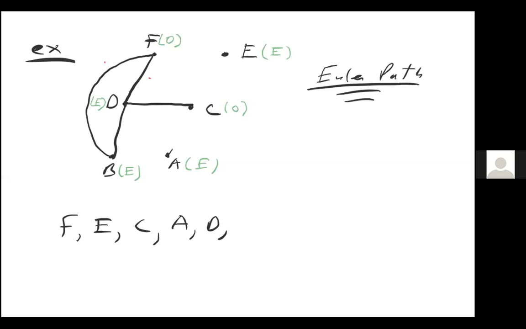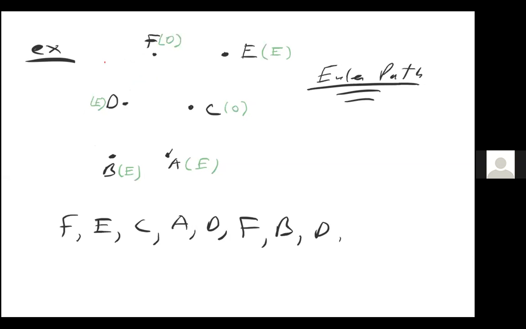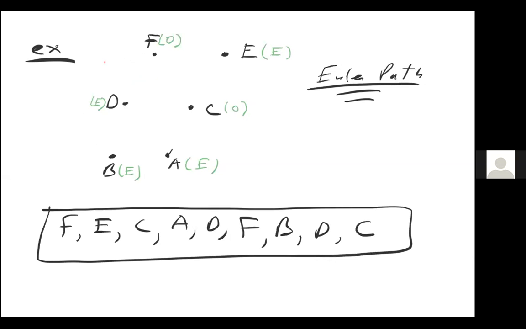So I'm going to choose the one to F. Then my only choice now is the curved one down to B. My only choice now is D. And then my only choice left now is C. So that's an Euler path.